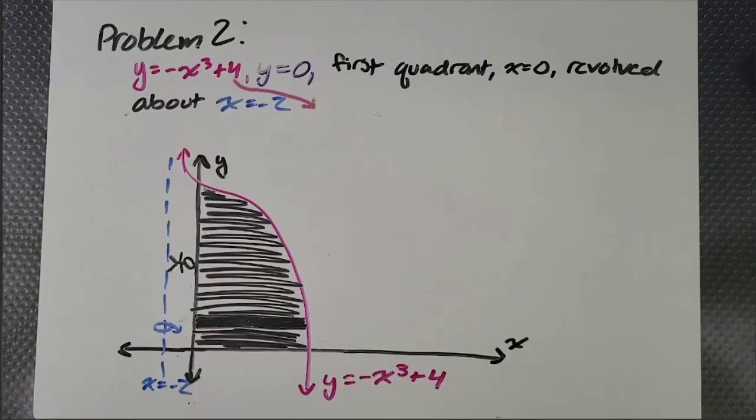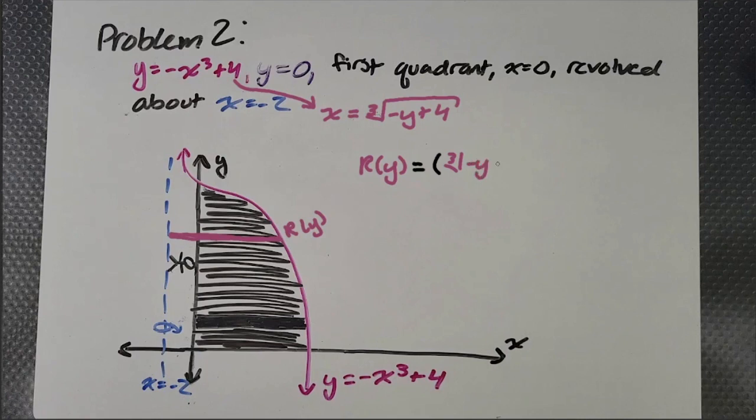We find big R of y by finding which function gets completely revolved. From earlier, we convert y equals negative x cubed plus 4 into x equals the cube root of negative y plus 4. From the stick figure's perspective, we see that x equals the cube root of negative y plus 4 is the top and x equals negative 2 is the bottom.